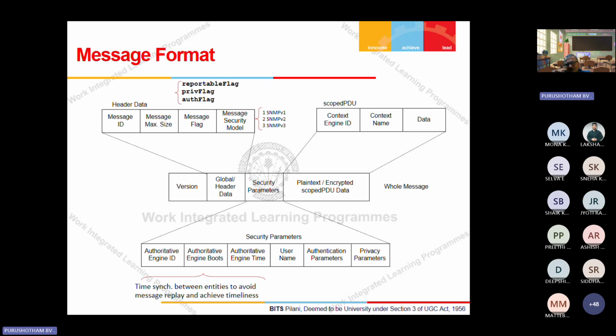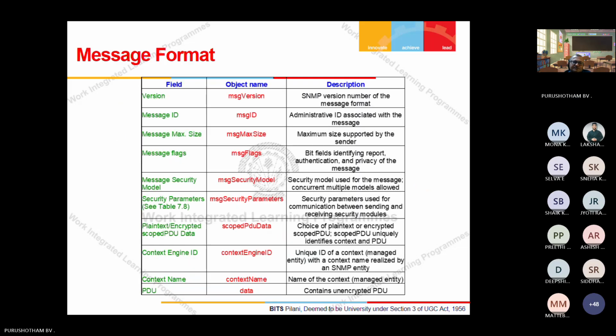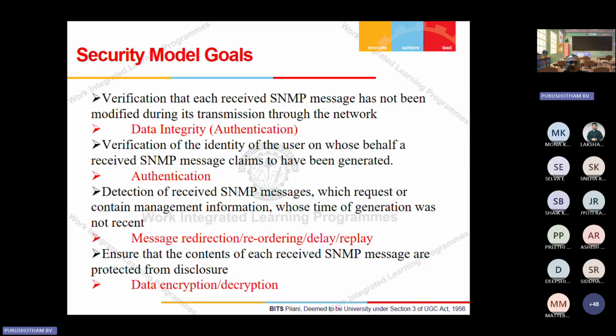The plain or encrypted text will be the scoped PDU, which contains the context ID, context name, data, etc. This is the message format. So various versions, message IDs, etc. will be part of it.